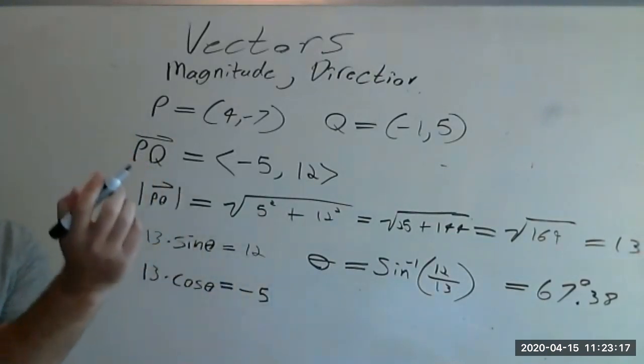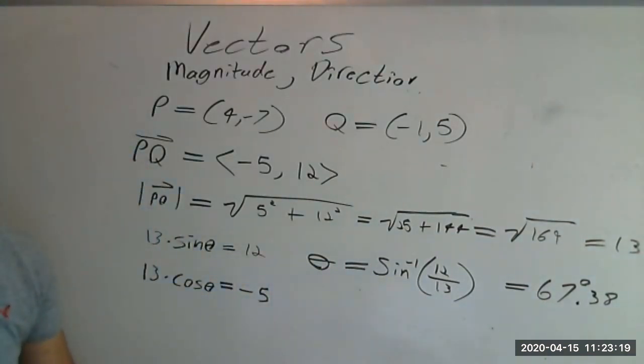What do you get when you do cosine of 67.38 times 13? Anybody? I got 112.62. 112?